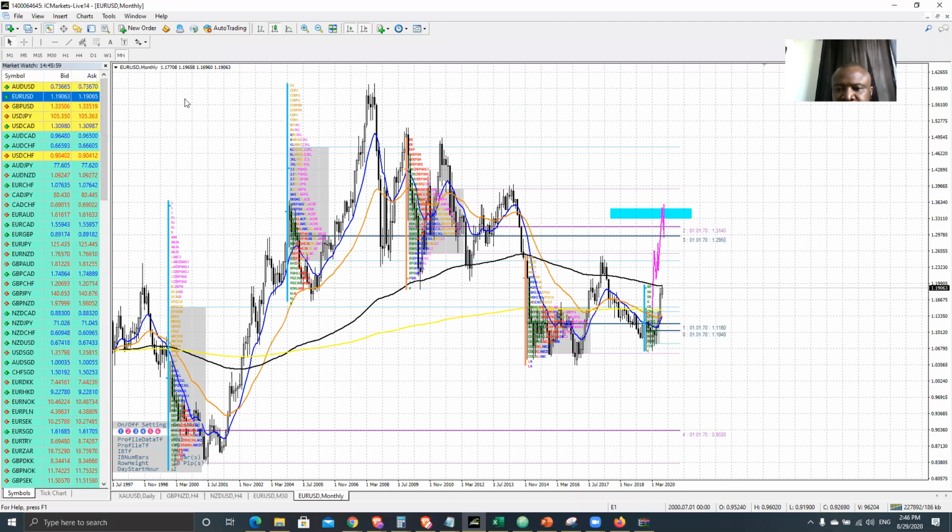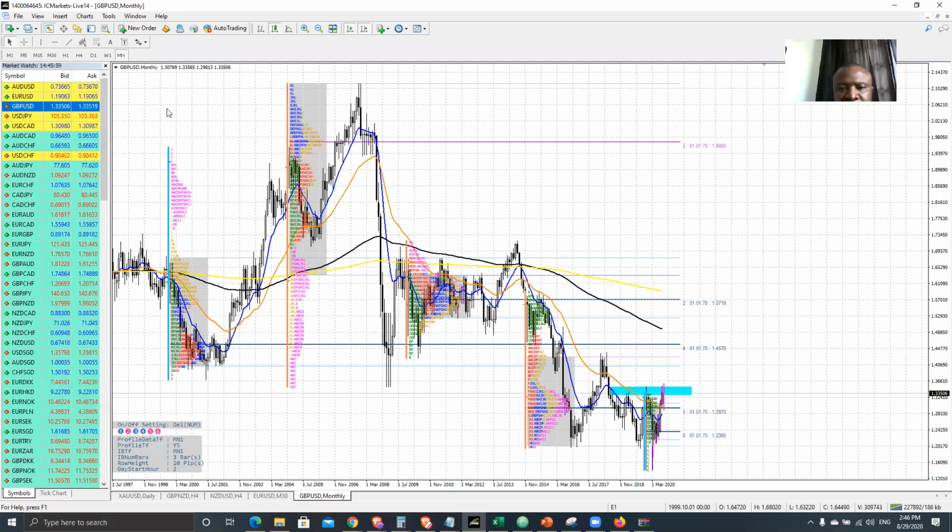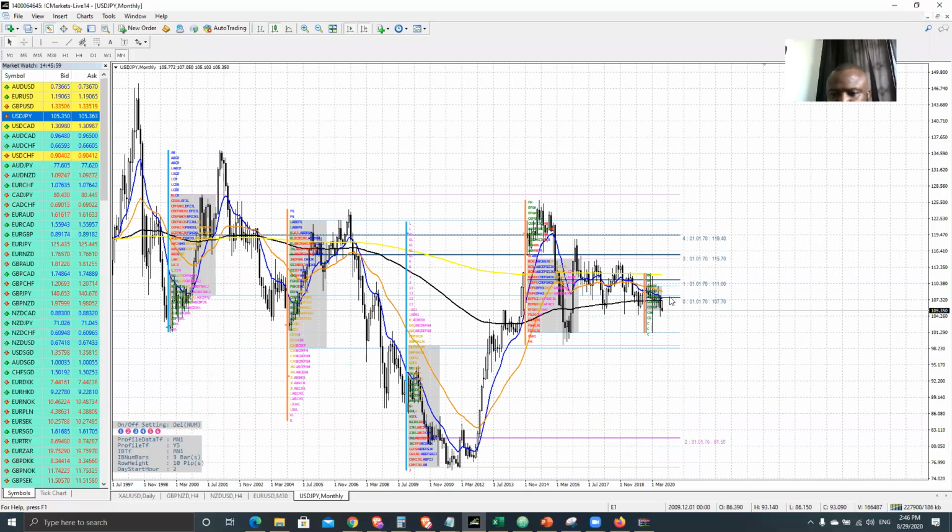This one is gone already. The euro, where it is, I look for opportunity over there. Dollar yen is one pair. All right, so this dollar yen, in anything that I do, I just want to sell the dollar yen.